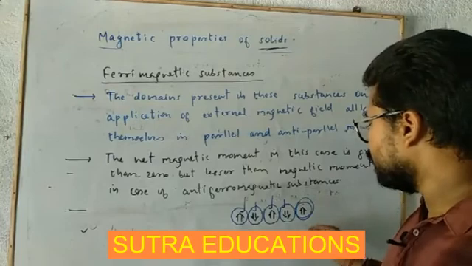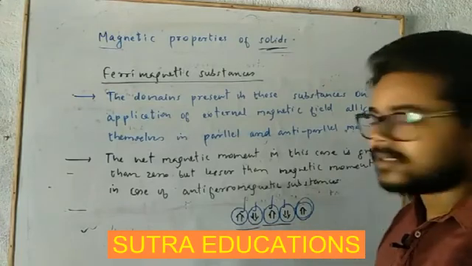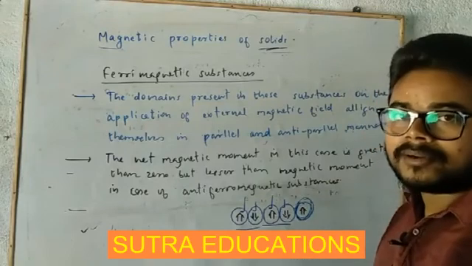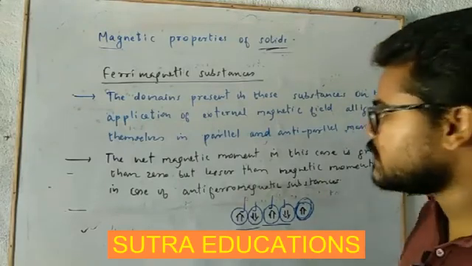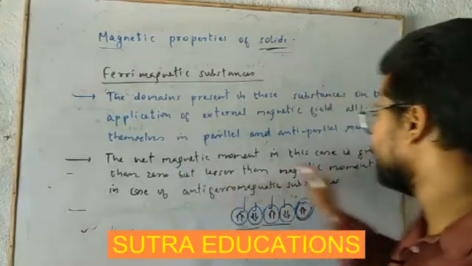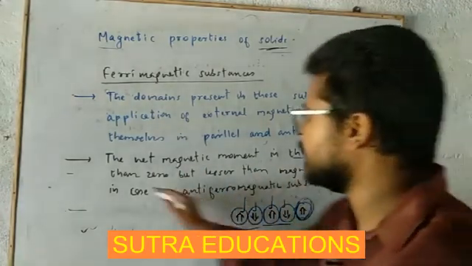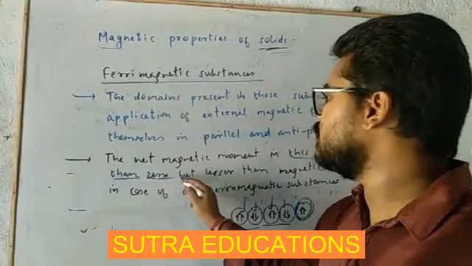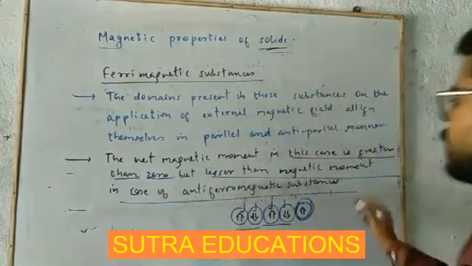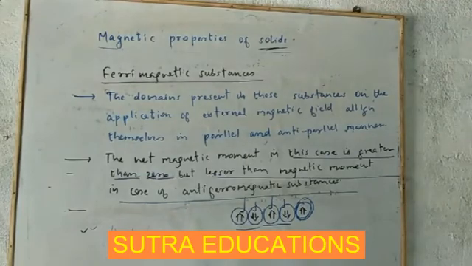Some are getting cancelled out, but some are left there, which contribute to the net magnetic moment. So the net magnetic moment in this case is greater than 0, but lesser than in case of antiferromagnetic substances. This is a very important line.